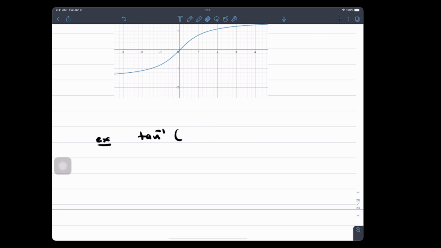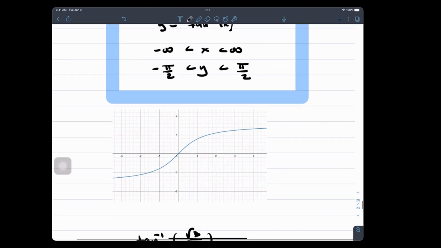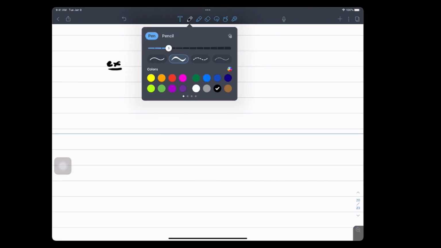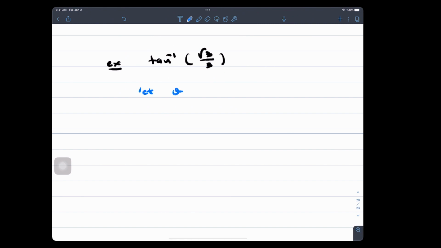Well, inverse tangent of square root of 3 over 3. You're going to let theta be inverse tangent of square root of 3 over 3, which now means tangent theta is the square root of 3 over 3.